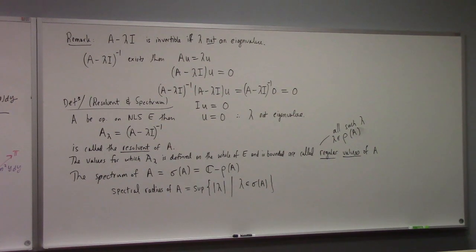Let's see here, what does he say? He says, every eigenvalue belongs to the spectrum, but the following example shows that the spectrum may contain points that are not eigenvalues. And in fact, a non-empty spectrum may contain no eigenvalues at all.